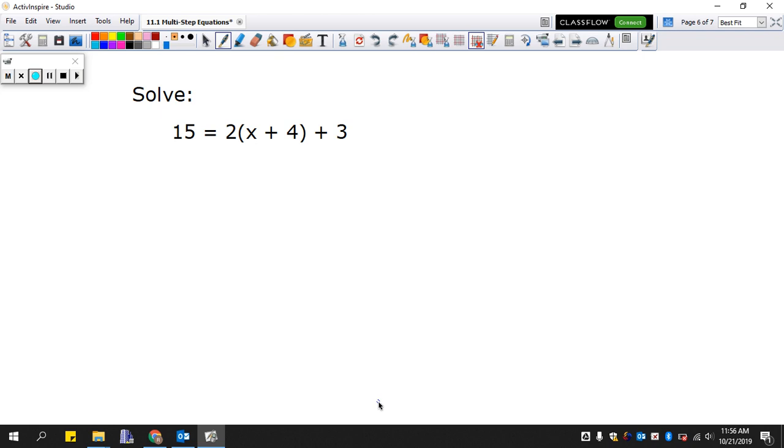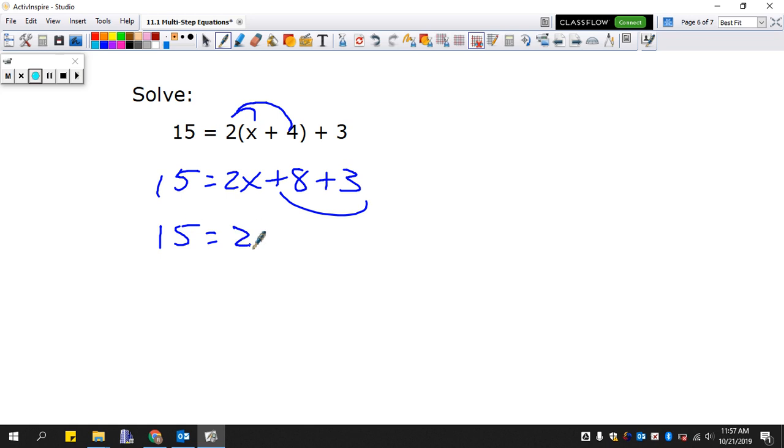Next problem. Once again, we have the expression on the right-hand side, but it doesn't matter. So 2 times x, remember, let's just bring down the 15. 2 times x is 2x. 2 times 4 is 8, plus the 3 that was already there. All right, combine these two like terms, we end up with 15 is equal to 2x plus 11.